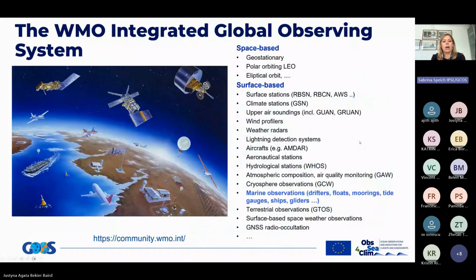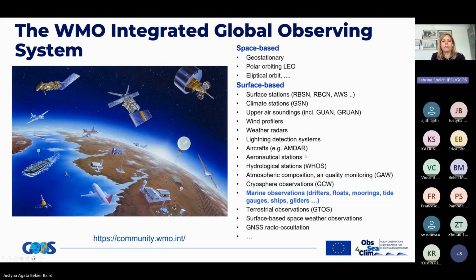The evolution of the global observing system is driven by user requirements that can come from scientists, operational services, policymakers, etc., and is coordinated by the World Meteorological Organization and some other programs that are supported by WMO and the United Nations Organization.